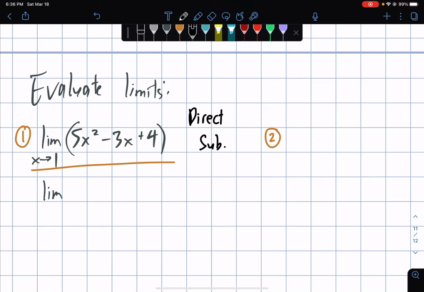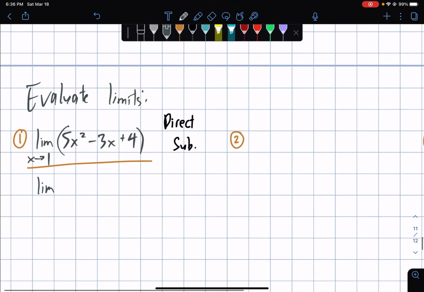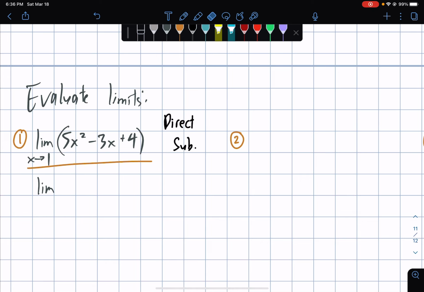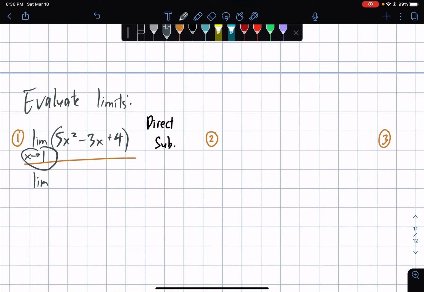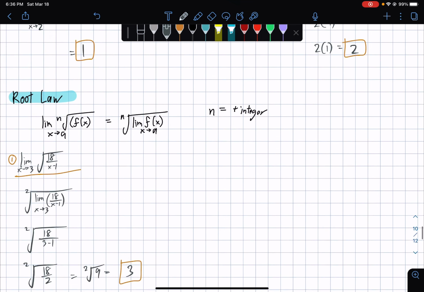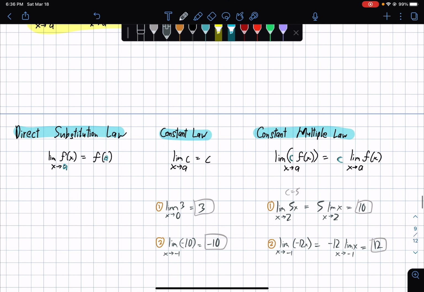We use direct sub since we don't know what x is, and given that we have x approaches 1 as our x approaches a, we substitute x with a. Let's double check. Definitely not constant law or constant multiple law. Yeah, I bet it's direct substitution.